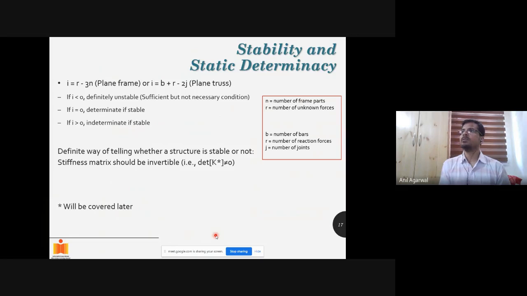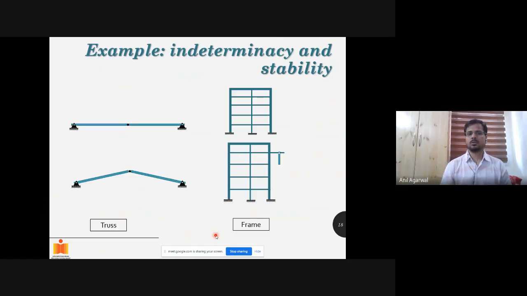That we will learn towards the end of this course. But right now, there are various tricks to find out whether the structure is stable. Some of those tricks are very powerful, but still they all leave some loophole, so none of them is the surest way. So I'm not going to spend too much time on determination of stability.